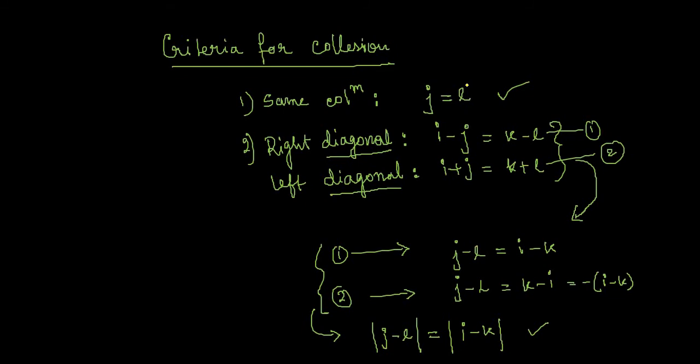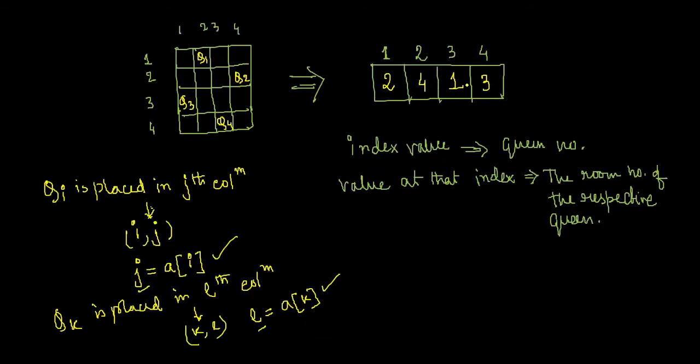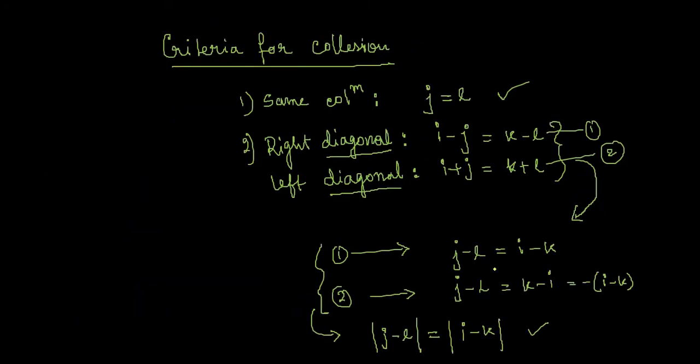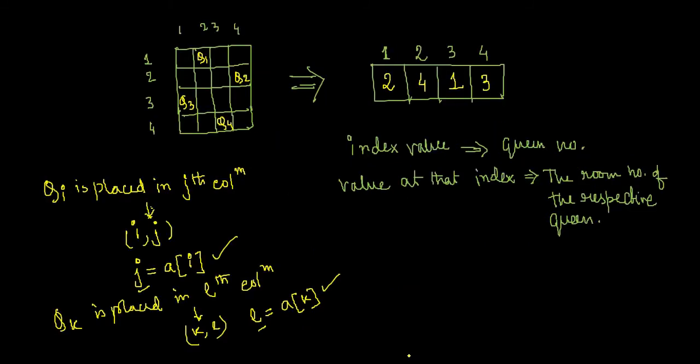You see what we have seen over here: J means A of I and L means A of K. We will see very soon how we map these two equations with respect to one dimension.